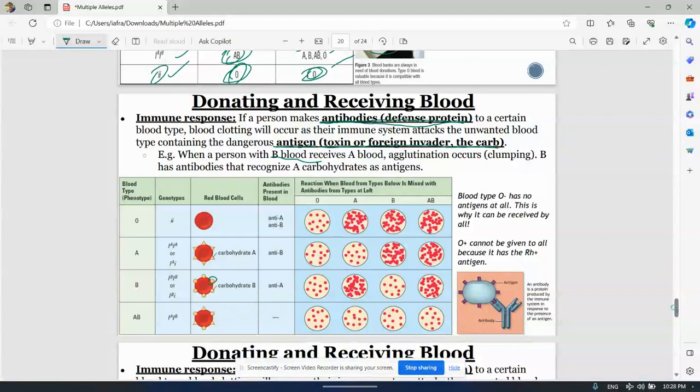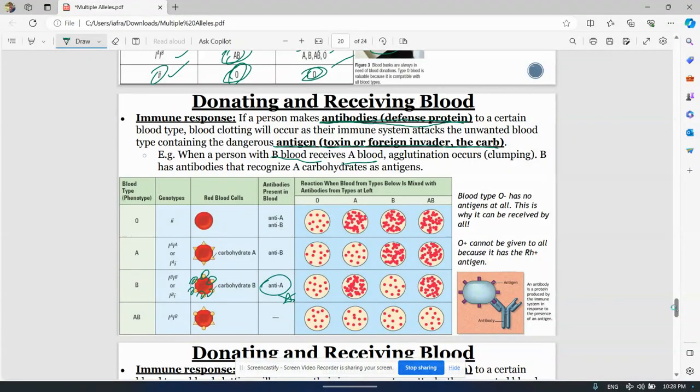Your immune system recognizes these B carbohydrates, but it doesn't recognize any other carbohydrates. Okay, so let's say all of a sudden you get some blood type A, you see basically a triangle come into your body. And so your body is now going to produce this antibody called anti-A to destroy that triangle because it doesn't like it there.